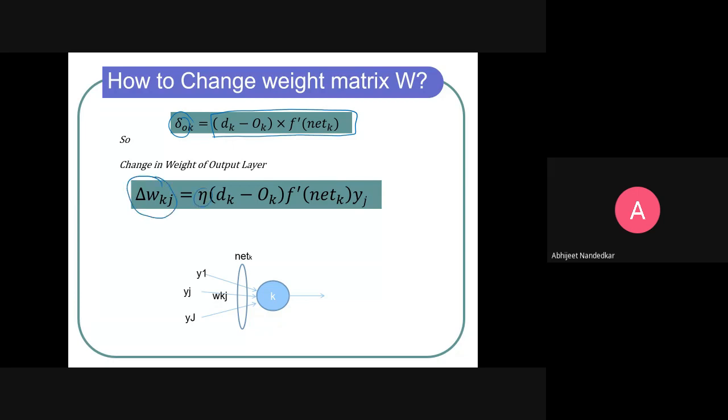So this change in weight is equal to the learning constant, some symbol eta or c, into (dk minus Ok) into f dash of net k into yj. So this is the weight change for a single connection. We have to do this for all the other connections.